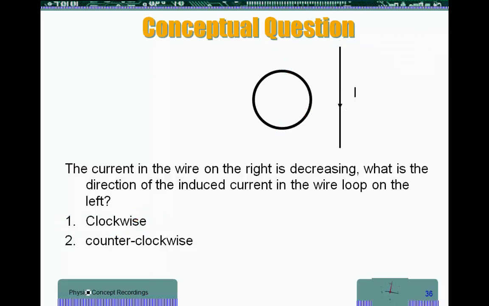Let's have another example. In this case, the current in the wire is decreasing. What is the direction of the induced current? Using the right-hand rule again, the magnetic field due to the wire, thumb is down, wrapping the fingers around the wire, so it is into the page here.